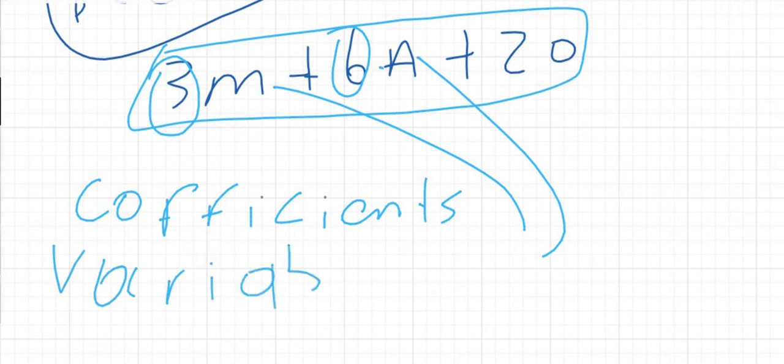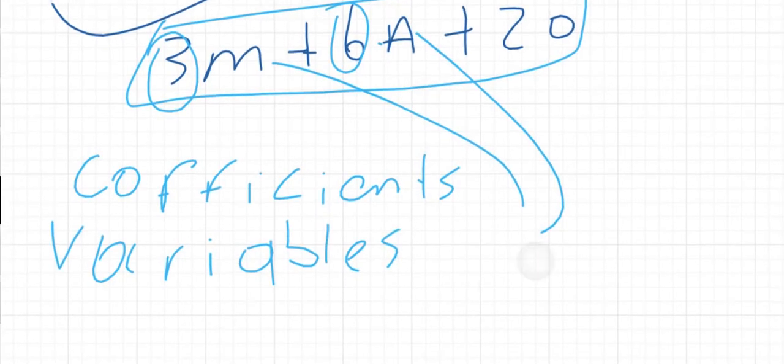You could use letters as variables in mathematics. So when you see letters, they are variables. Also, we're seeing a number, and this number is just 20. This 20 does not have a letter behind it, so it means it is not a coefficient, nor is it a variable. It is what we call a constant.